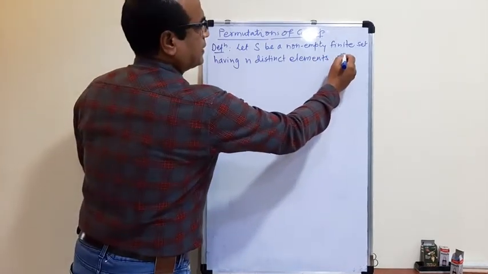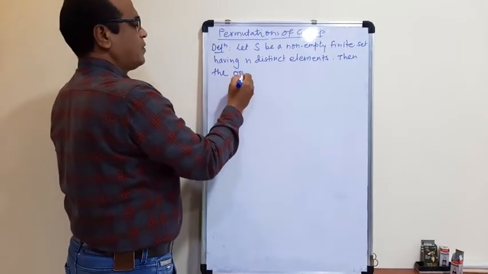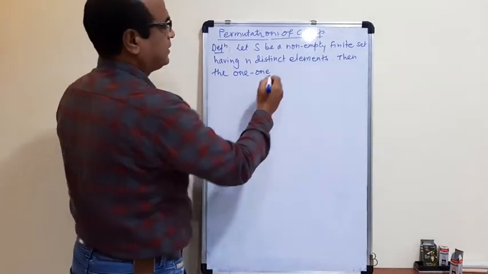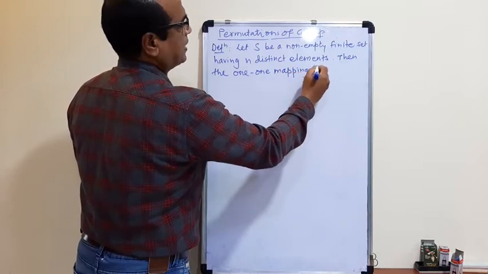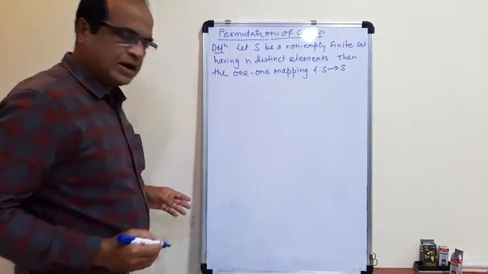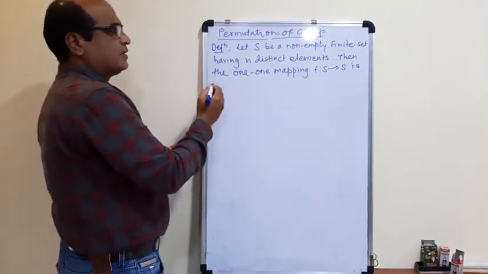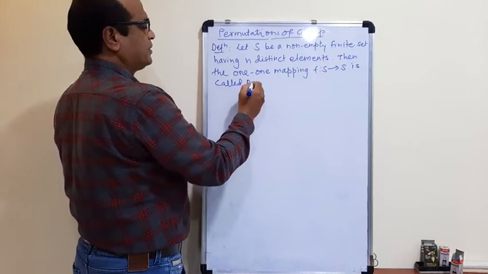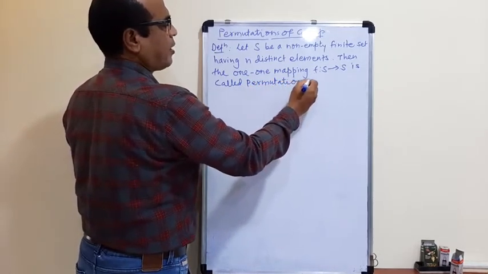Then the one-to-one mapping F from set S to itself is called a permutation of degree n.